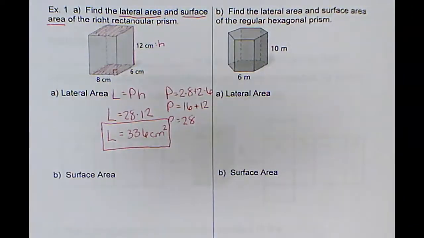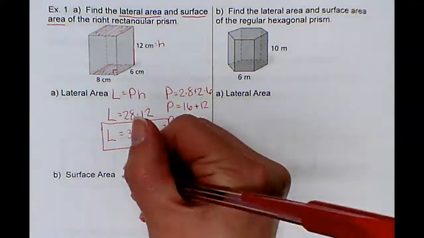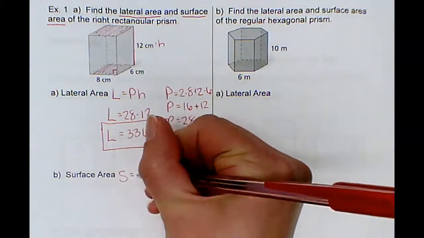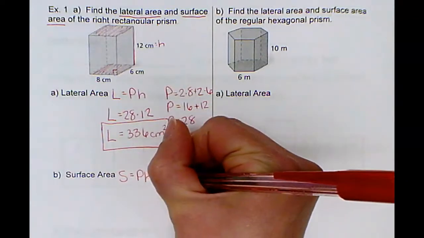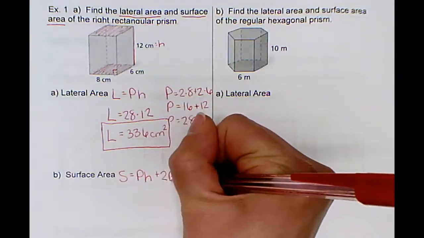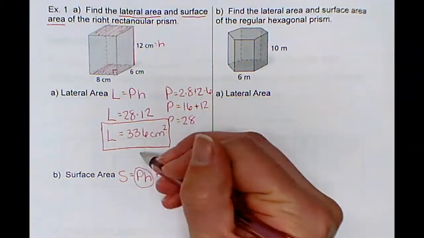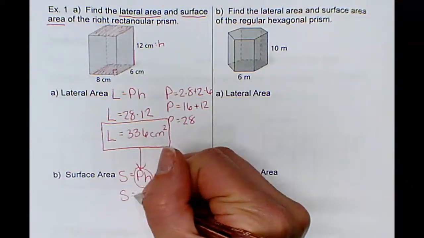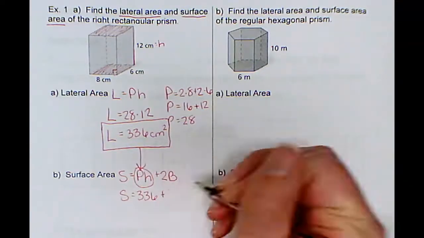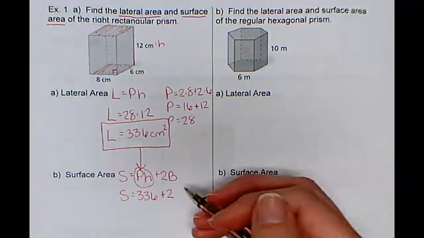The formula for the surface area is connected to the formula for the lateral area. So the surface area formula is the perimeter of the base times the height plus 2 times the area of the base. So we already have this piece right here. That's 336. But now we need to multiply 2 times the area of the base.